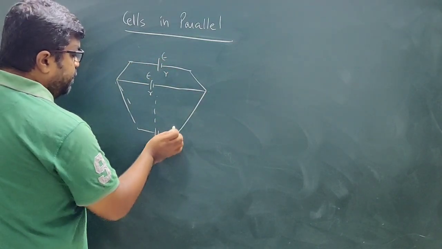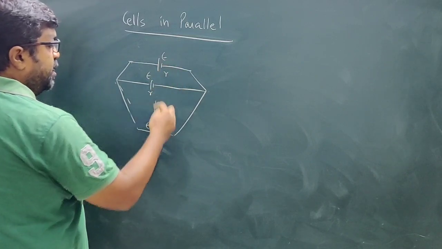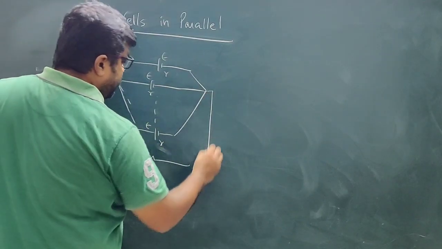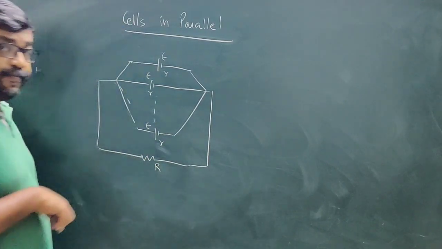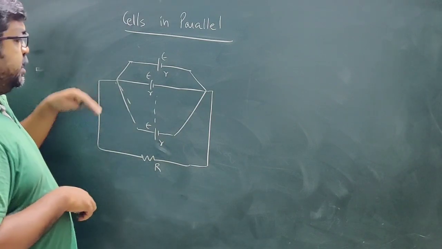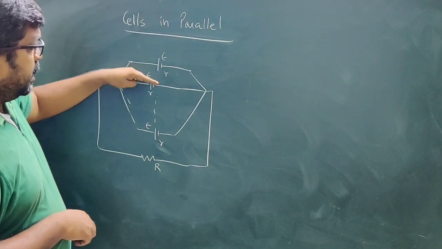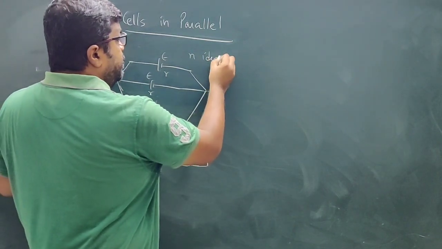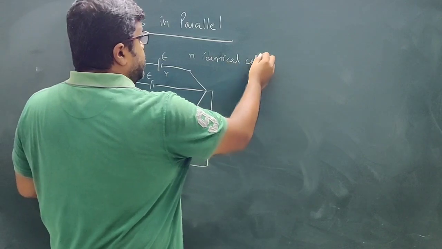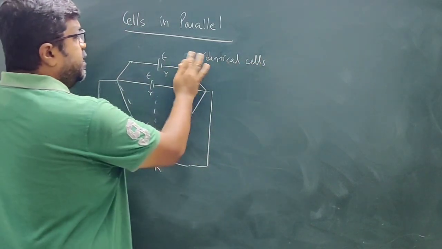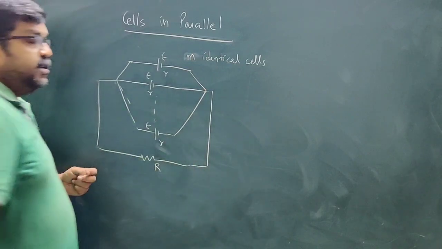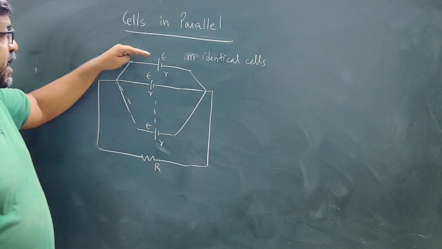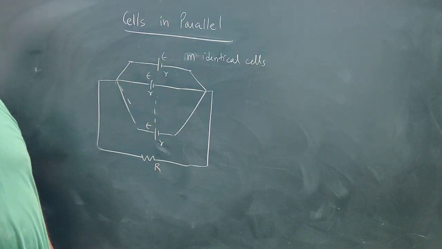All the cells are identical, each of EMF E, internal resistance R, and this combination is connected to external resistance capital R. Instead of N, let us take M cells. So we have M identical cells in parallel.